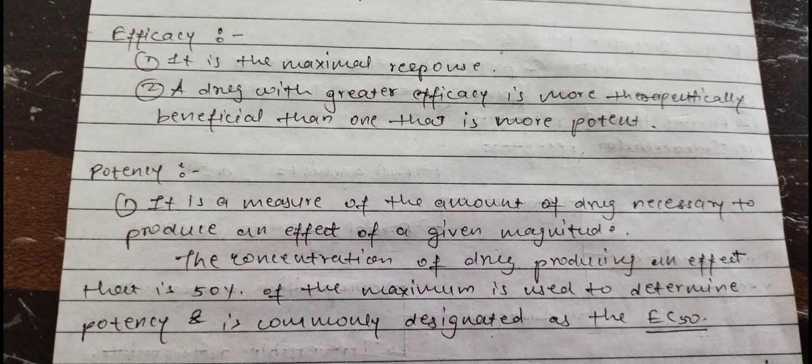And what is potency? It is a measure of the amount of drug necessary to produce an effect of a given magnitude. The concentration of drug producing an effect that is 50% of the maximum is used to determine potency and is commonly designated as EC50.